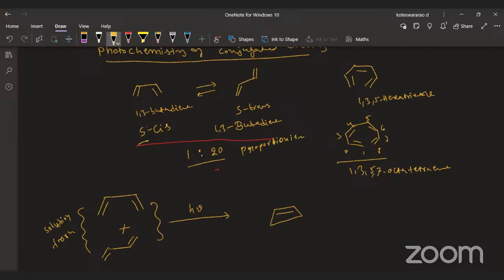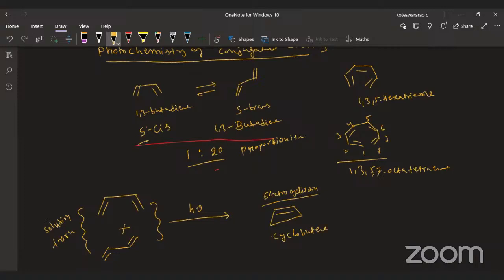This product is formed by electrocyclization, which we studied in pericyclic reactions. Electrocyclization is responsible for the formation of cyclobutene originally.